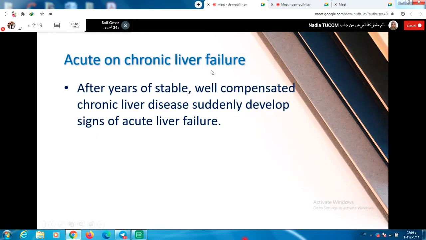Acute on chronic liver failure is the development of decompensated liver function after a well-compensated chronic liver disease, which suddenly develops signs of acute liver failure.